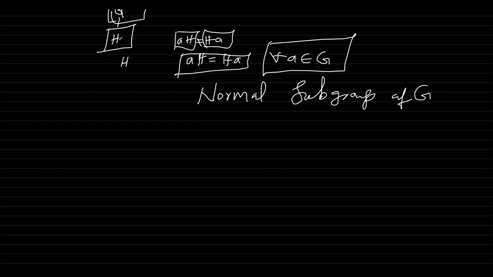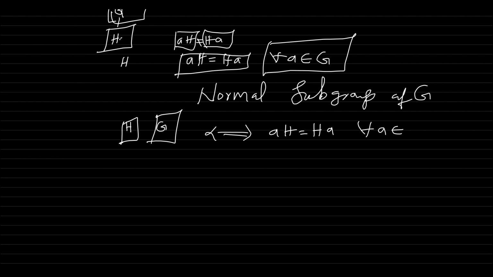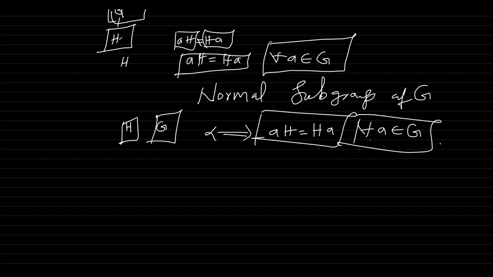We say that a subgroup H of G is normal if and only if AH is equal to HA for all A in G. This must be satisfied for all A in G, not for some A. Okay, so this is a normal subgroup.